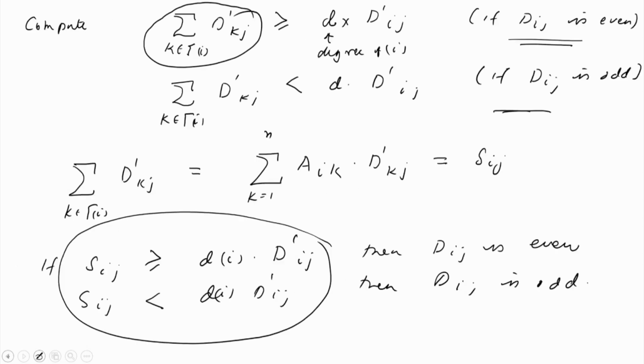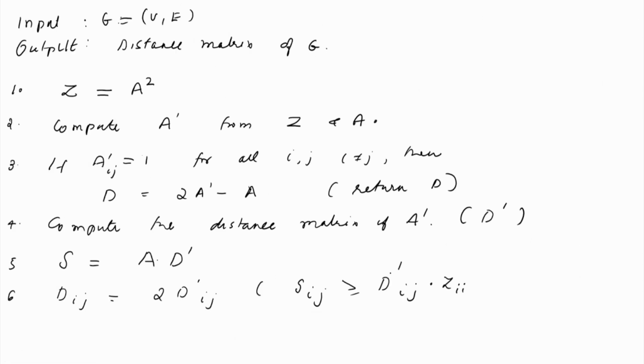So, the condition that we needed to check here is S_ij is greater than or equal to d_i times d'_ij. d'_ij is available here, and that is multiplied by the degree. The degree would be just the i-th diagonal entry in the square. So, this is the number of neighbors.